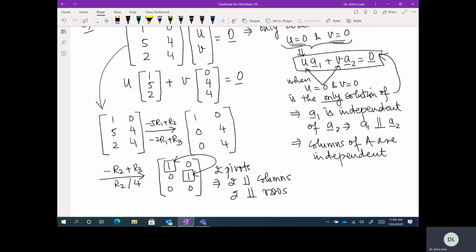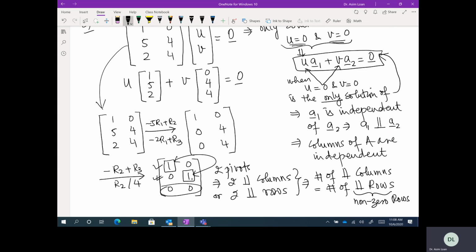The number of independent columns is equal to the number of independent rows. Independent rows simply means non-zero rows. So there are two non-zero rows. This is a row of all zeros, and there are two independent columns.